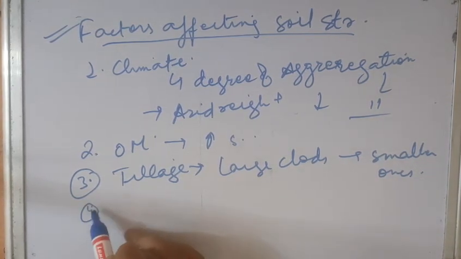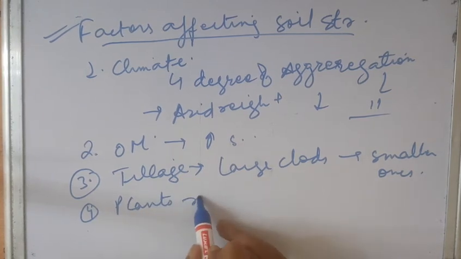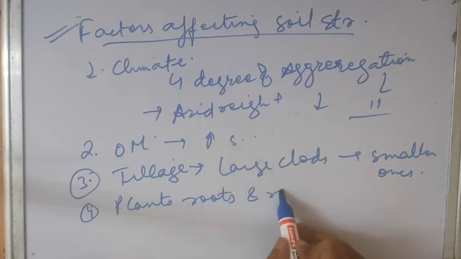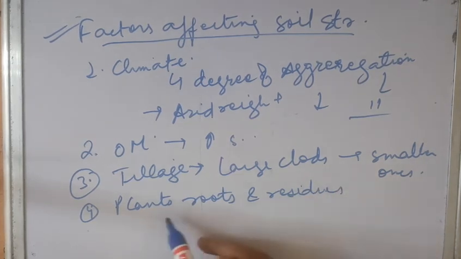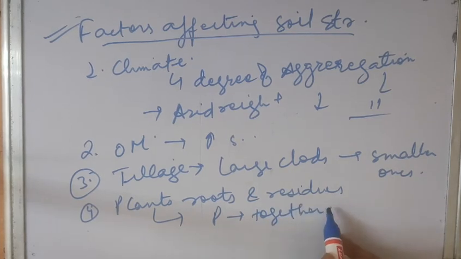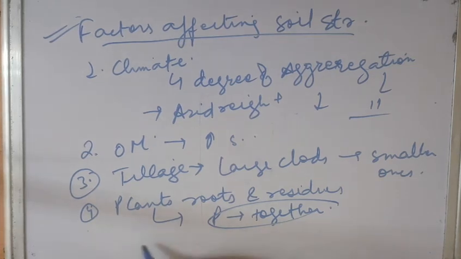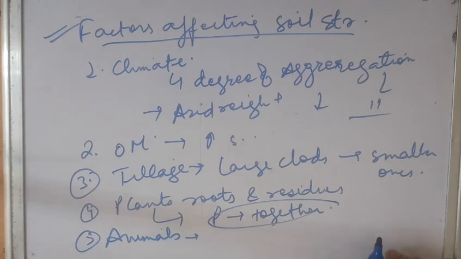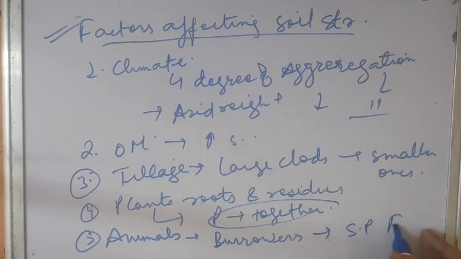Then we have got plant roots and residues. What do roots do? They make soil particles cling together and hold them together. We have got animals. We can give the example of burrowers. Burrowers burrow the soil and make soil particles fine.